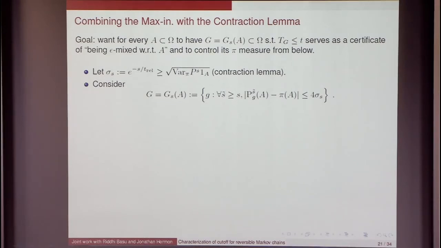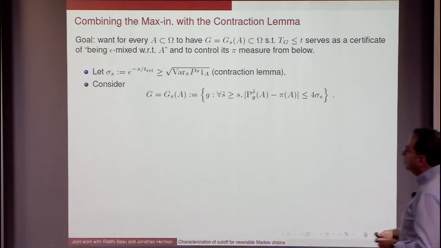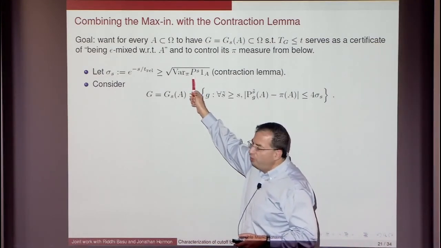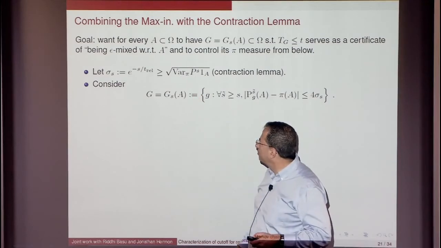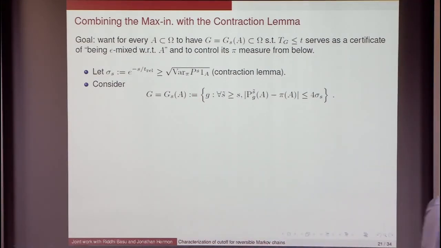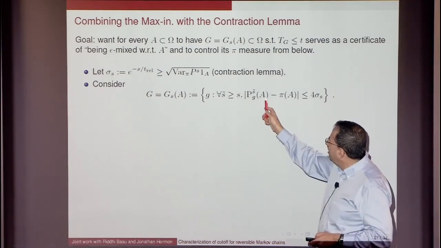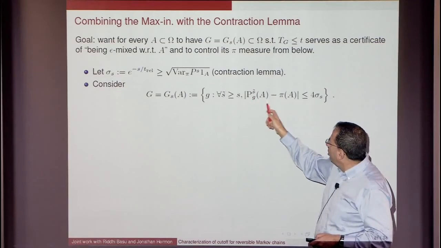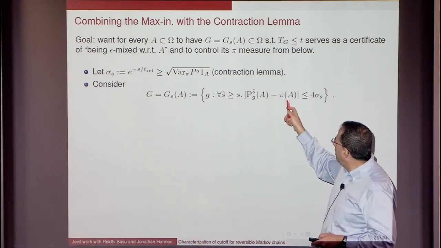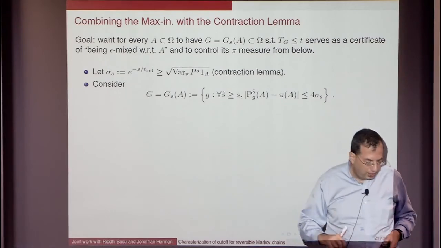So let's write sigma_s just for the natural bound of the standard deviation of the indicator of A when we move to time s. Now let's look at this set G, a set of good starting points for A. In what sense are they good? These are starting points G so that when I look at time s or later, the probability P_G^s̃ of A minus pi of A is less than 4 standard deviations.